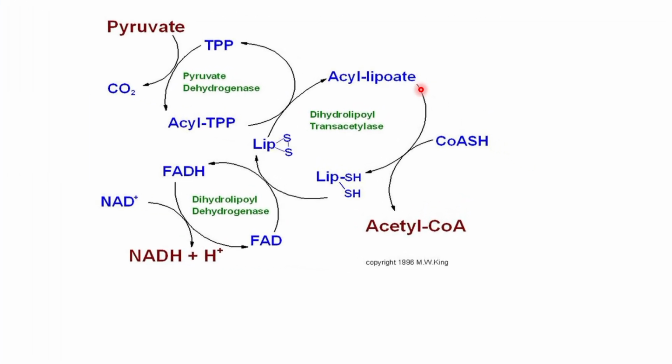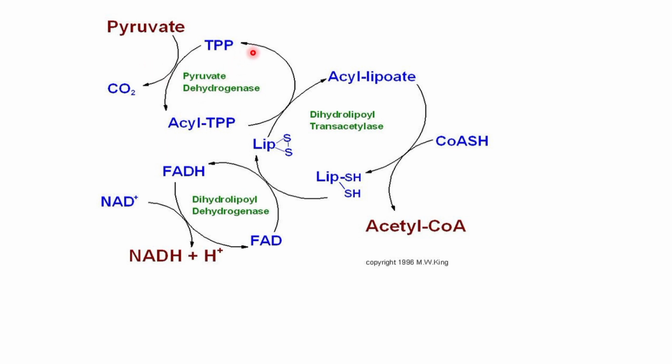This is the process of converting pyruvate to acetyl CoA. Your pyruvate, which is a three-carbon compound, is acted on by the enzyme pyruvate dehydrogenase, with elimination of one molecule of carbon dioxide.